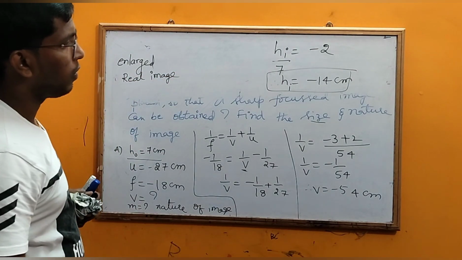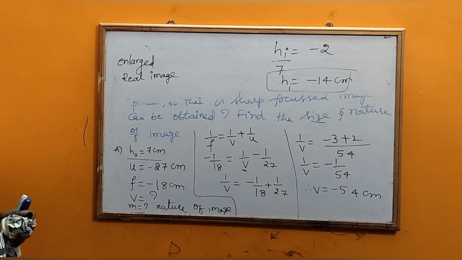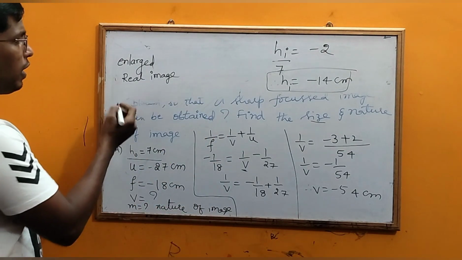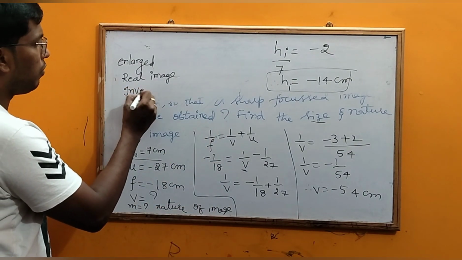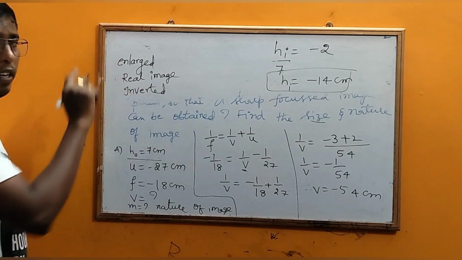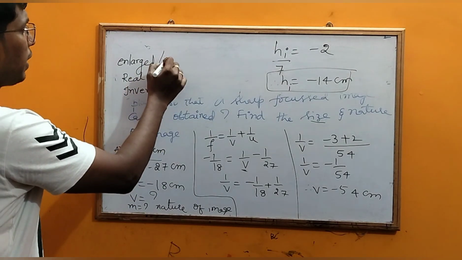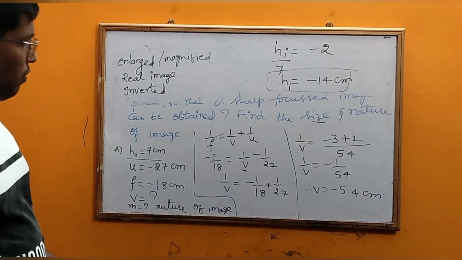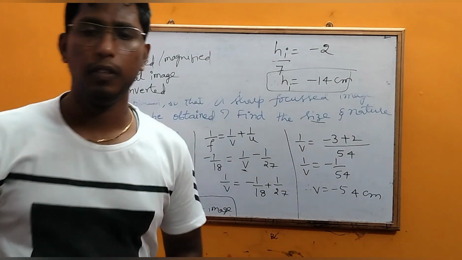The height of the image is minus, so minus means down. Real image and inverted. Inverted, real and enlarged, also called magnified, both are the same. This is the answer for the 15th question. Okay, let us see the next question.